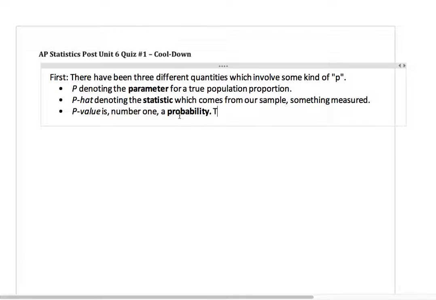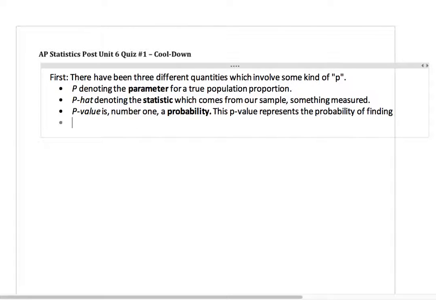So this p-value represents the probability of, and this is the part you need to be 100% certain on, finding results as extreme or even more extreme than your statistic.